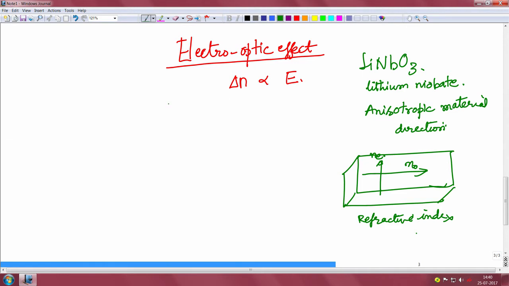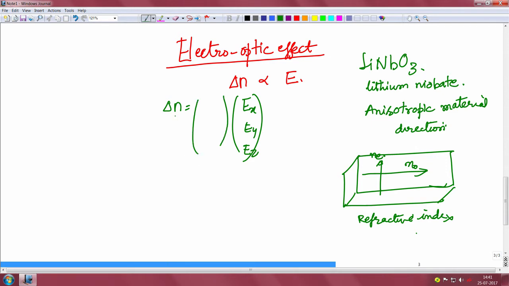We can also express the refractive index as a function of a Taylor series. In the most general case, the electric field has different components Ex, Ey, Ez, and delta n also has several components. So, the refractive index delta n can depend on any of these or more than one of these.